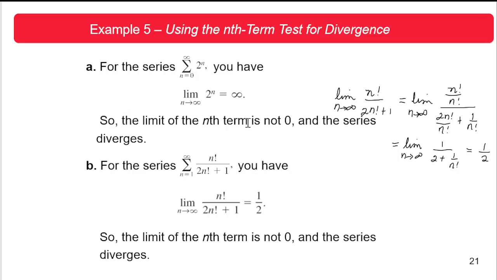Therefore, the limit of this function is equal to 1 half. Because the limit of the n-term is not equal to 0, we can conclude that the series diverges.